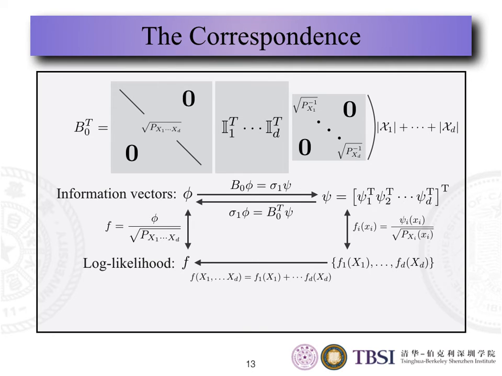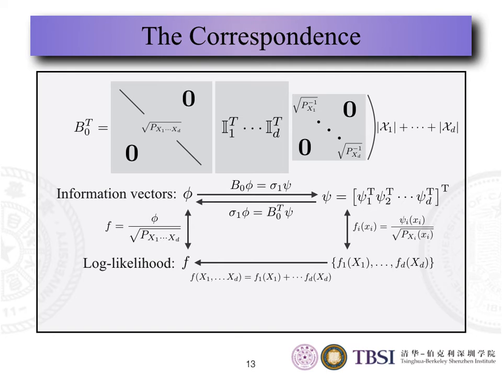Then, after the optimal information vector phi is solved, we can compute the desired functional representation of the data by the correspondence between the information vector and the log likelihood function.